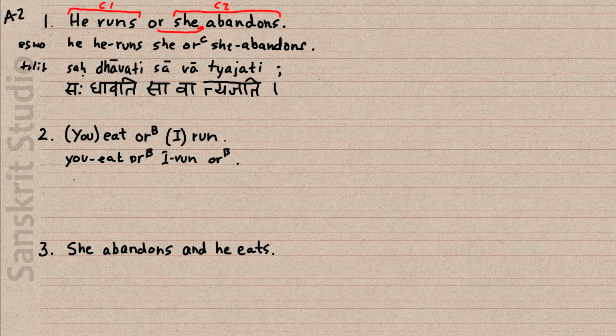And then we do the verb here, kadasi, and then or, wa, and I run, so tawami, and then another or. And then we do the Devanagari here.